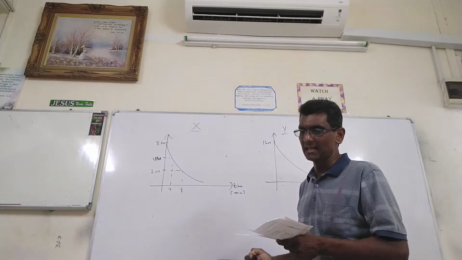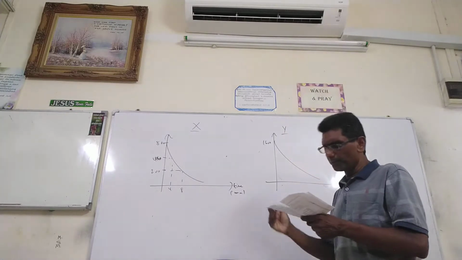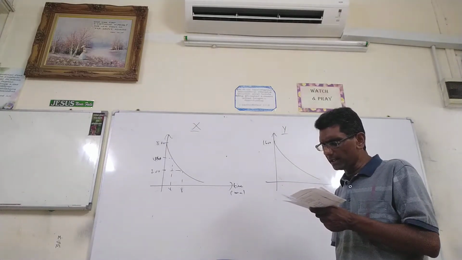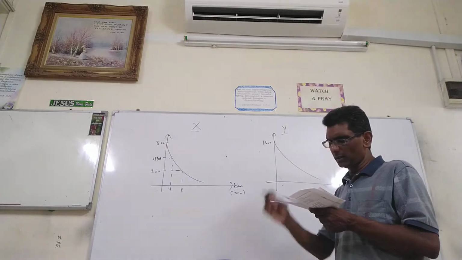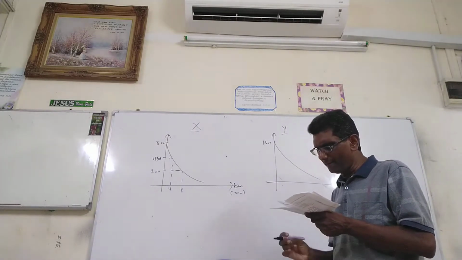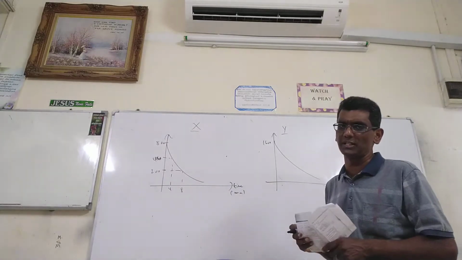Okay, the third point: for Y, the activity is halved after every time interval of 10 minutes.